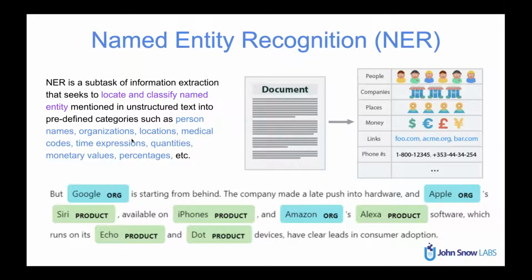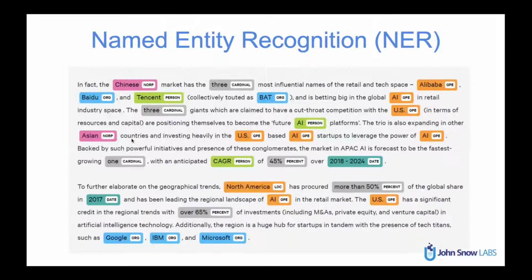For example, we can extract names of persons, organizations, and locations. It's very useful in natural language understanding to convert free text into understandable structured text.